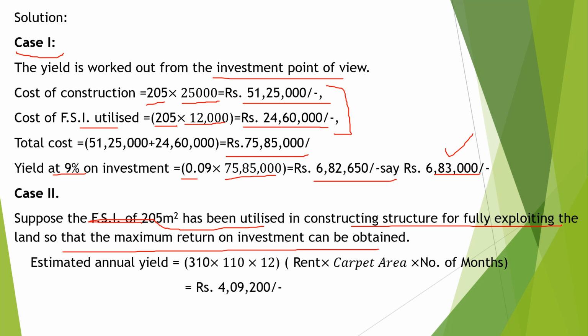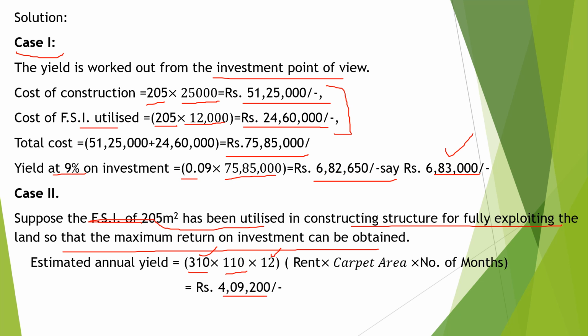If you calculate annual yield, rent is given as 310 per square meter per month, and carpet area given to you is 110 square meter. Annual rent you will get by multiplying with the number of months, so annual rent is 4 lakh 9,200.